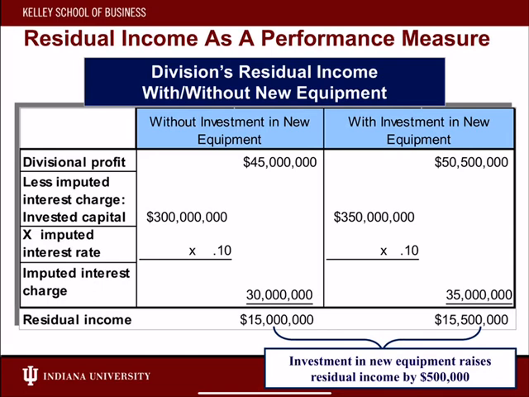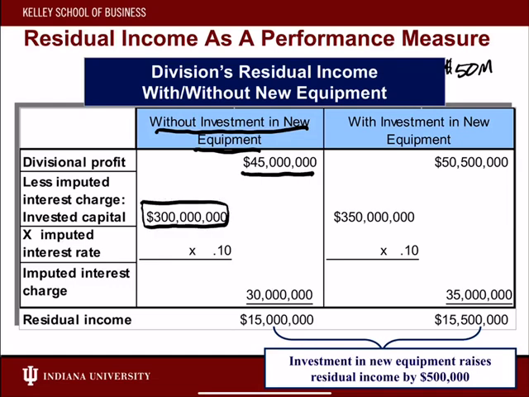So this is a scenario where you, as a division, have the opportunity to buy $50 million of equipment. And without the new equipment, this is how your performance looks. You'll have about 45 million in profits. Right now, you have 300 million in assets.